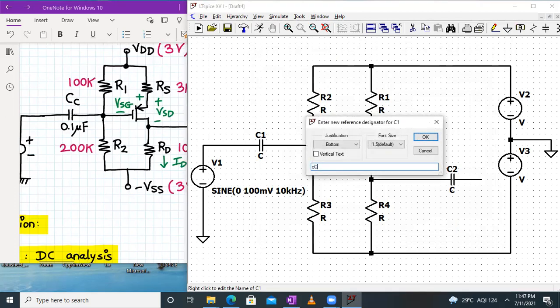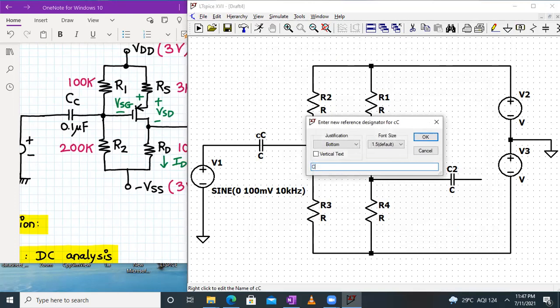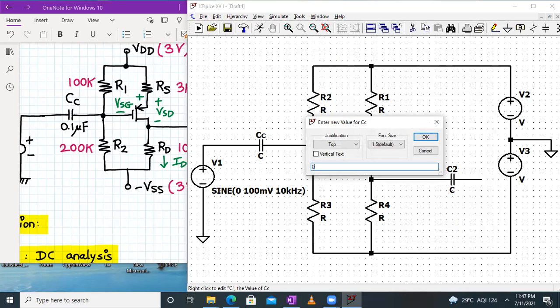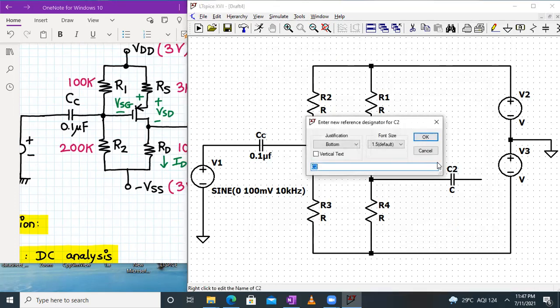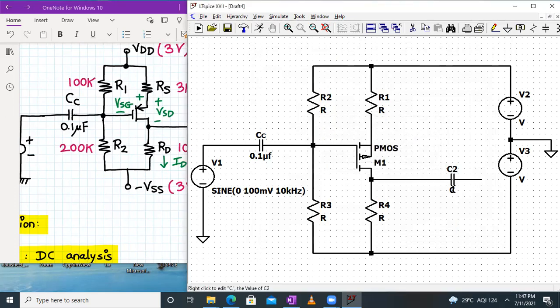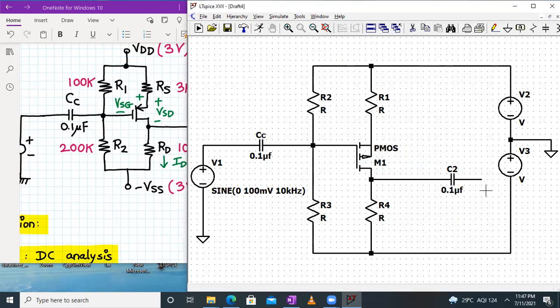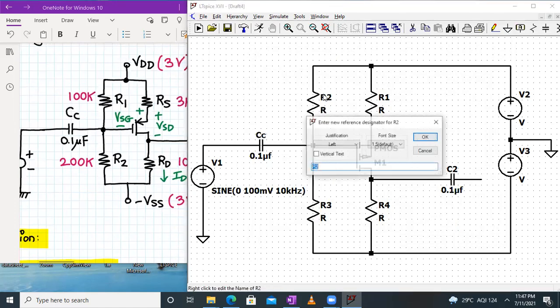So let me rename it as CC, and the value of this capacitor is around 0.1 microfarad. So we can easily give 0.1 microfarad capacitance value. Similarly, this is C2, let's say, and the value of this capacitor also we can give as 0.1 microfarad, even though it is not given in the numerical. Now, this is the resistor R1.